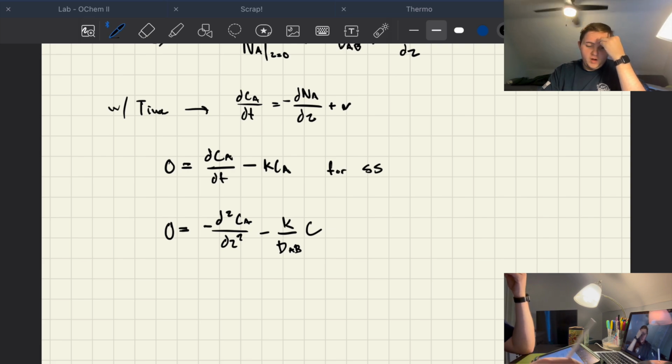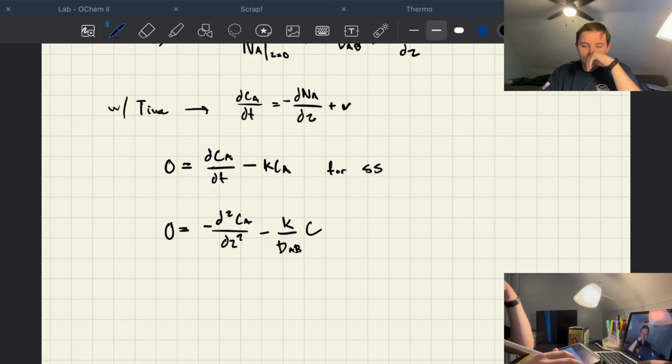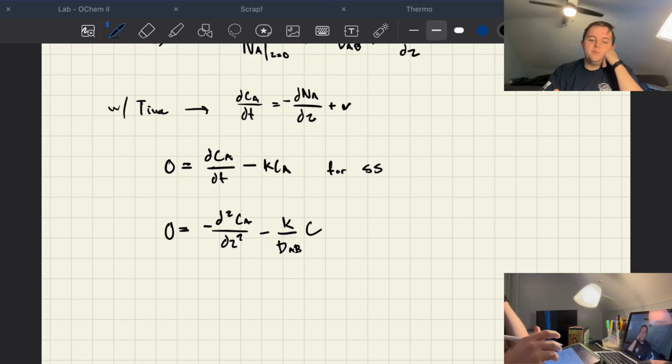So finally, what we have to do now is solve for our C value, and in order to do that, we're going to have to make up a unit.